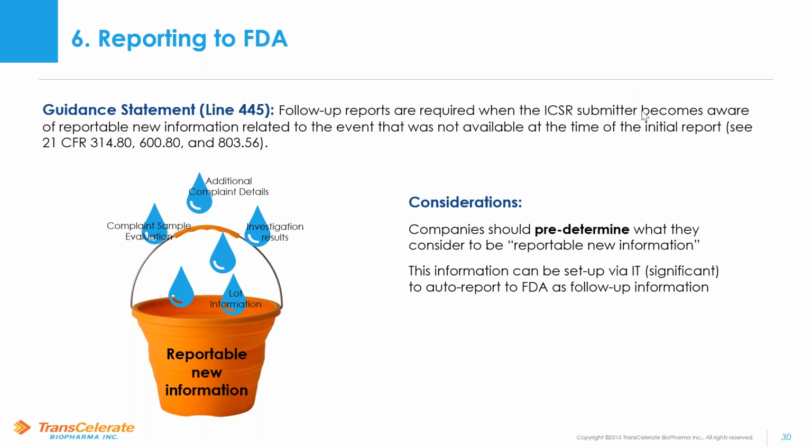So for example, I may say any sort of investigation results, any sort of return complaint sample evaluation, new or updated lot information would be considered by my company to be reportable new information. And then once you've predetermined that, that information can be entered into your case as significant follow-up and therefore be set to auto-report to FDA whenever you receive that type of information.